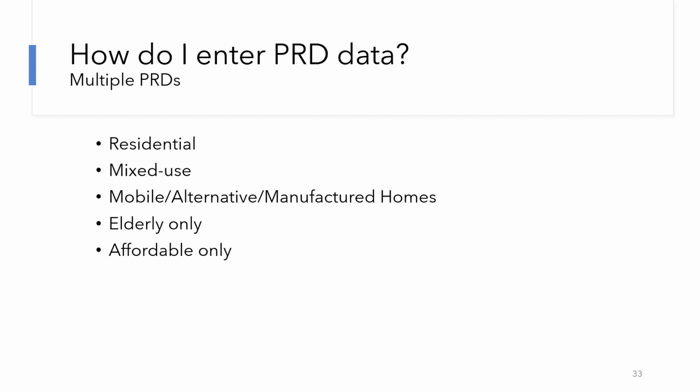Sometimes you might have a text that has multiple PRDs that can be used in a given district. You can have multiple PRDs for a number of reasons. Sometimes they specify ones that are just for residential use, some that are for mixed use, some for mobile homes, some for elderly, and some for affordable housing.